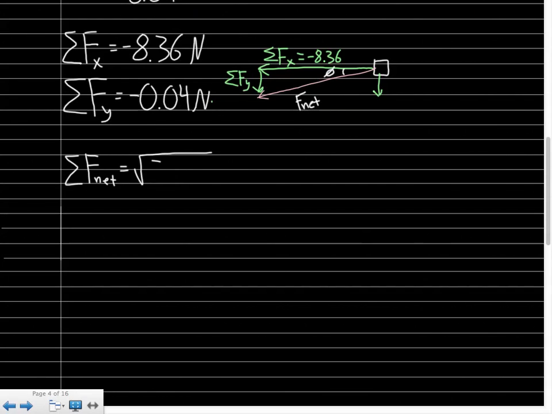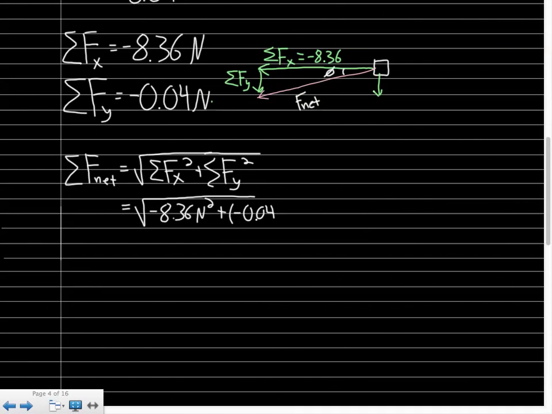You get the square root of the sum of the forces in the x direction squared plus the sum of the forces in the y direction squared, and you get out the square root of negative 8.36 newtons squared plus negative 0.04 newtons squared. 8.36 squared plus 0.04 squared.